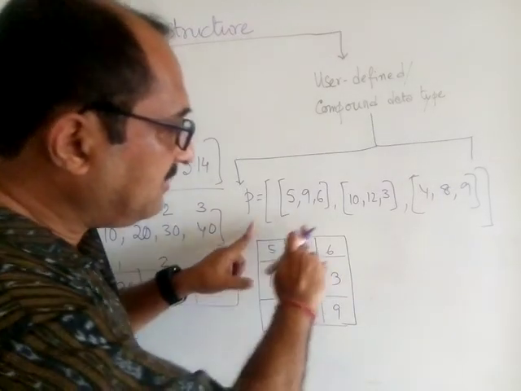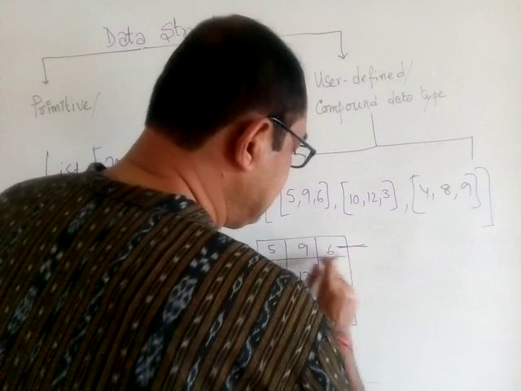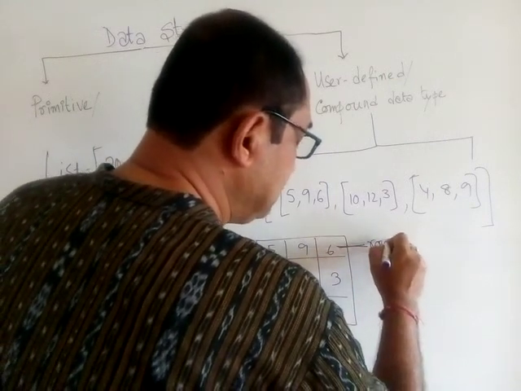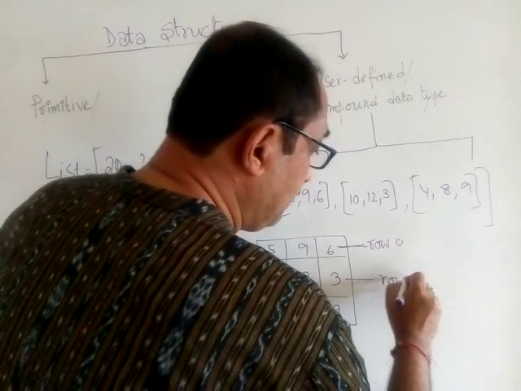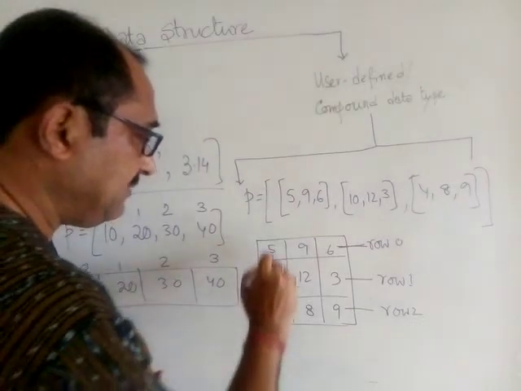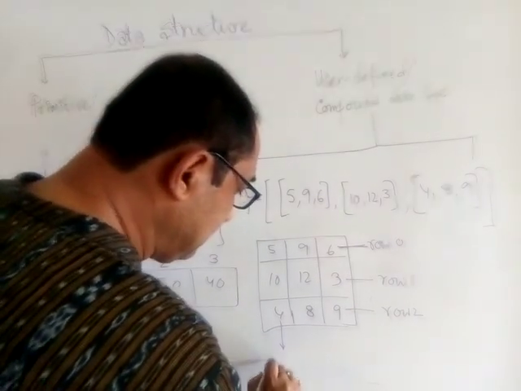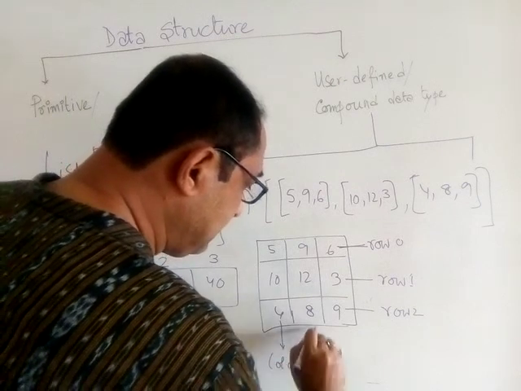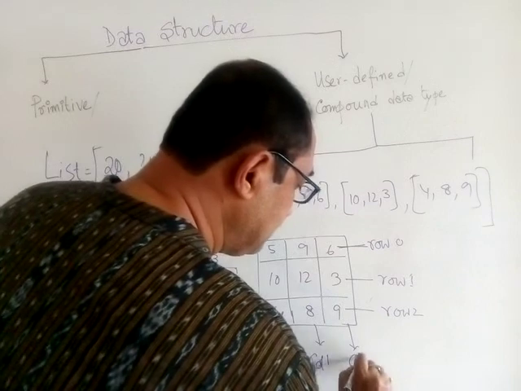Now when we talk about a double dimension array, we have to remember that these horizontal lines are called rows. So this is my row number 0, this is my row number 1, and this one is my row number 2. Similarly, these vertical groupings can be called column 0, column 1 and column 2.